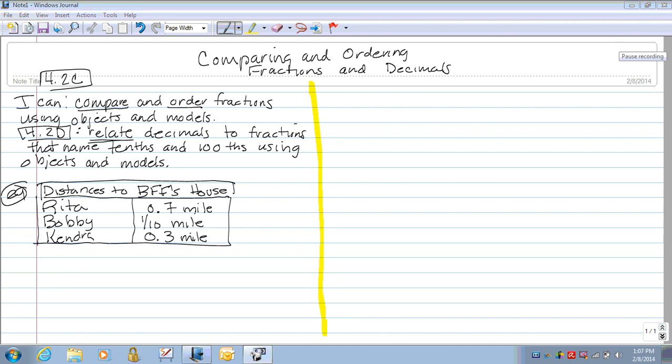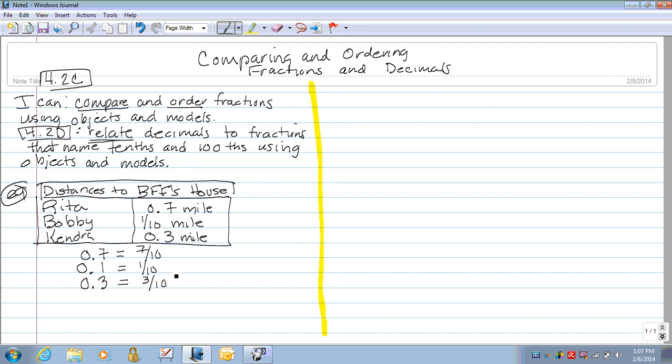Let's look at our data. We know that 0 and 7/10 is the same thing as 7/10 in fraction form. And we know that 1/10 in decimal form is 0 and 1/10. And we know 0 and 3/10 in fraction form is 3/10.